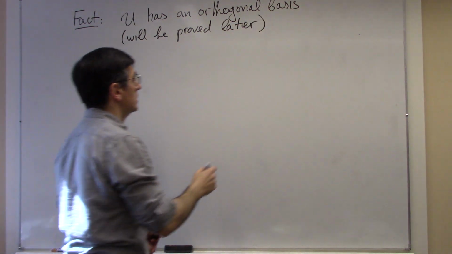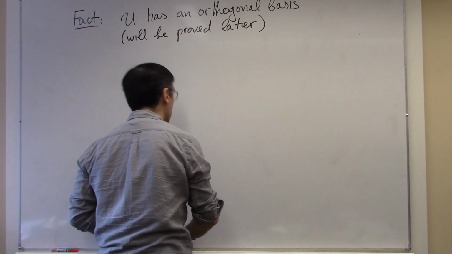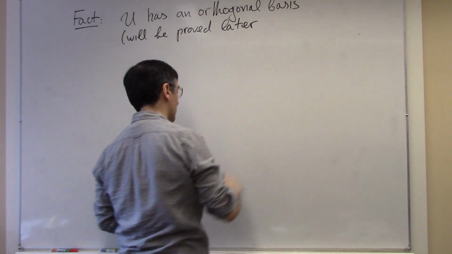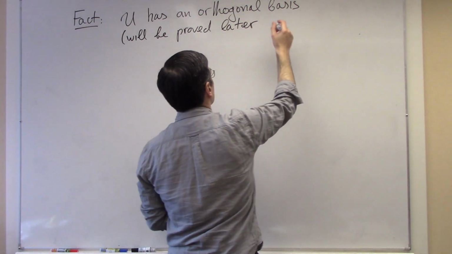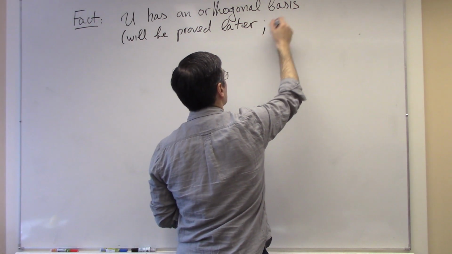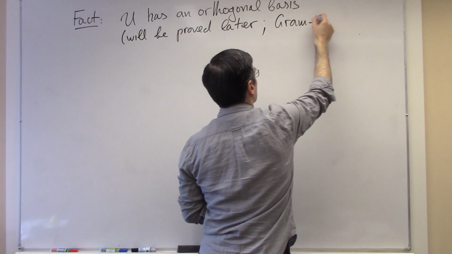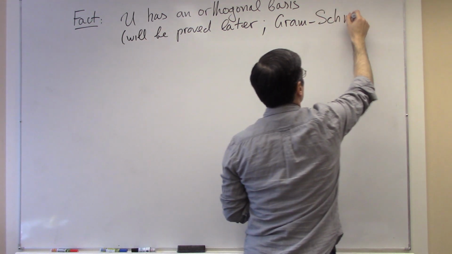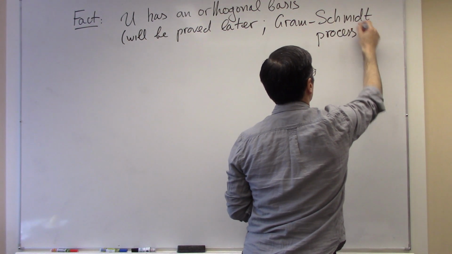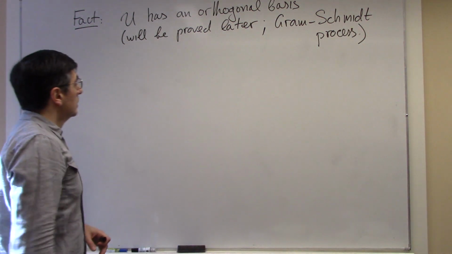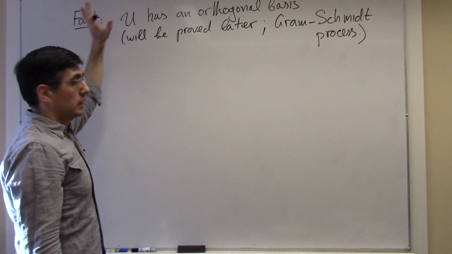So this is the Gram-Schmidt process. It's not just a proof, but it's an actual construction of such a basis. This is the Gram-Schmidt process. Okay, so let's use this fact.